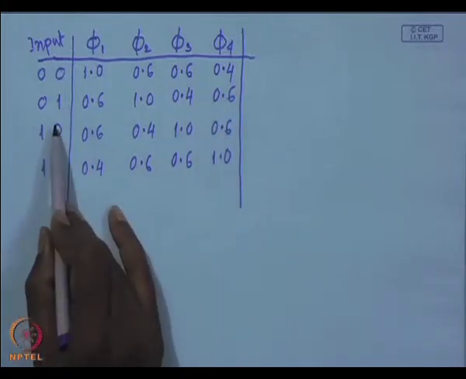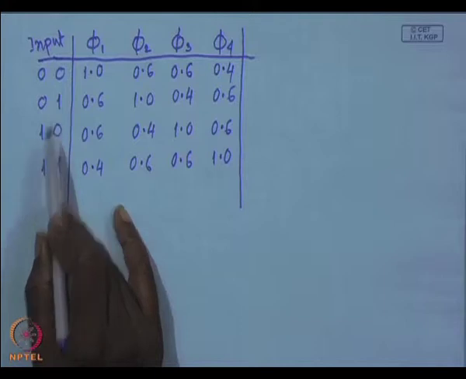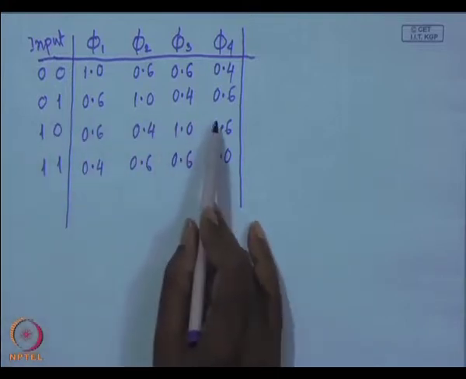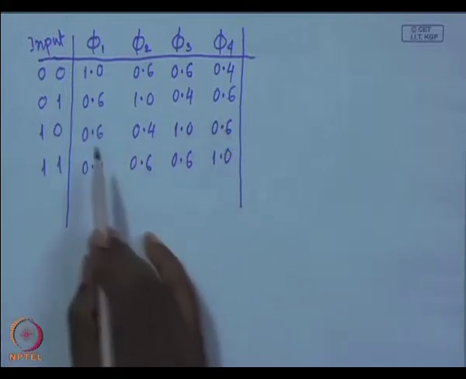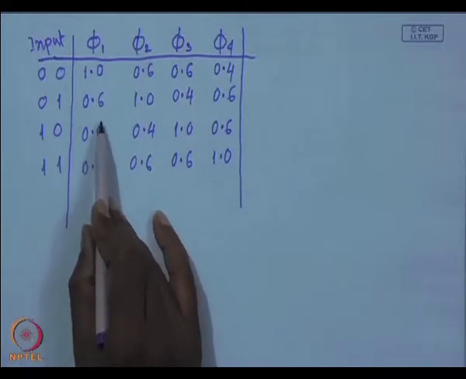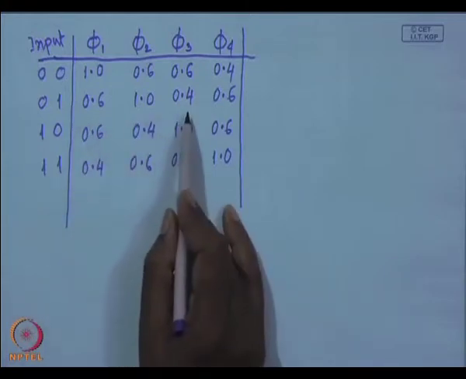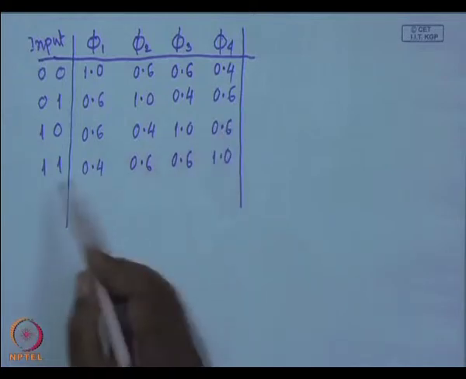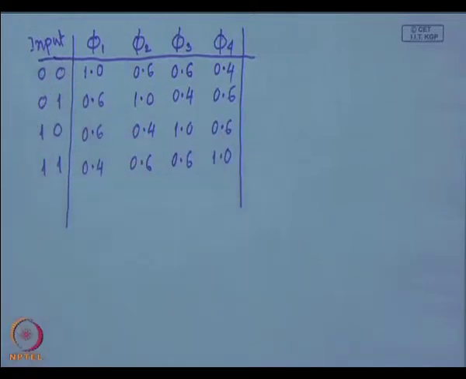Similarly, 0 1, this is a 2-dimensional input feature vector which has been cast into a 4-dimensional feature vector, the components being 0.6, 1.0, 0.4 and 0.6. So, every 2-dimensional input feature vector is converted to a 4-dimensional feature vector by using 4 radial basis functions.